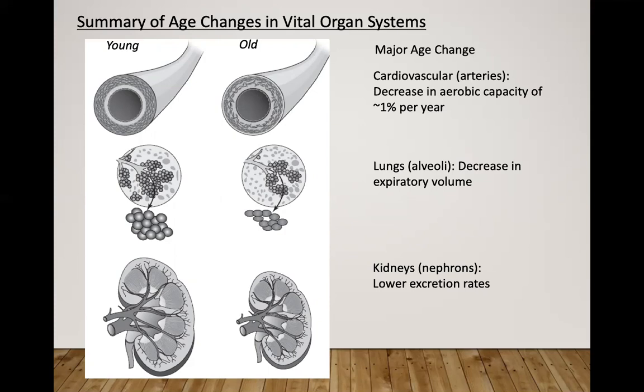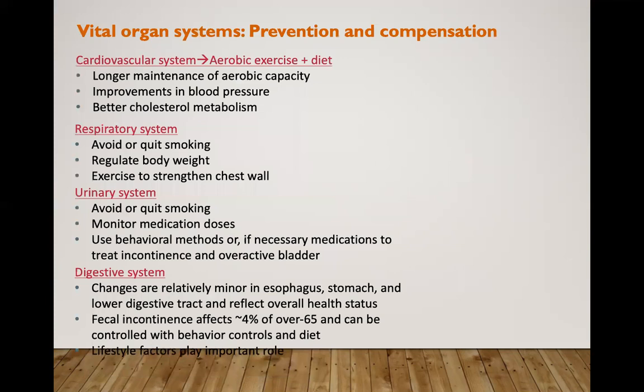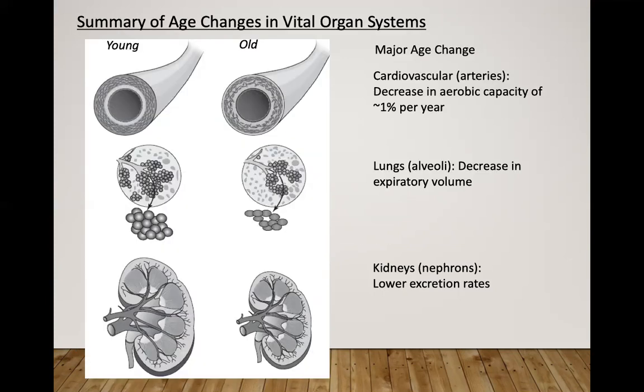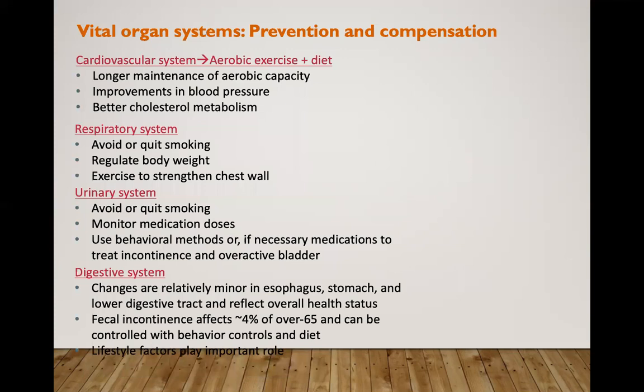They had to wear a weighted vest, and the weighted vest was to simulate this decrease in the volume of their lungs, to make it feel like there were some restrictions on their ability to breathe as they normally would. Within our kidneys, we might see lower rates of excretion, and the kidneys are not going to function as they once did. So this is just this in word form.